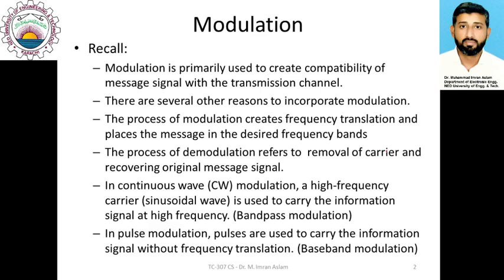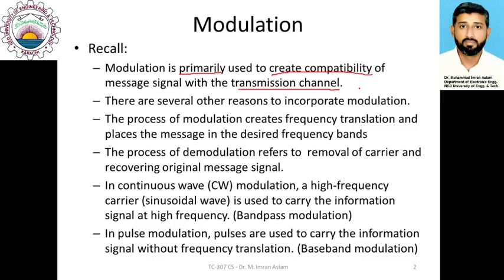Before we start our discussion for today's lecture, let me quickly recall what we have discussed regarding the modulation so far. So we have previously discussed that the primary reason for using modulation is to create compatibility between message signal and the transmission channel. The main problem in the transmission channel is that it generally supports a specific range of frequencies or a specific band of frequencies to pass through that.